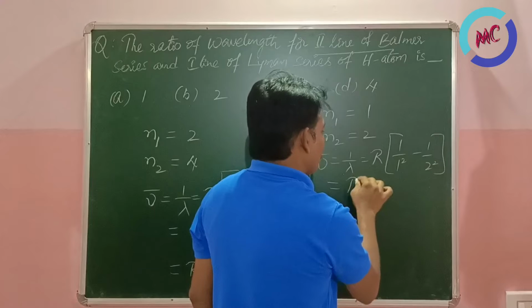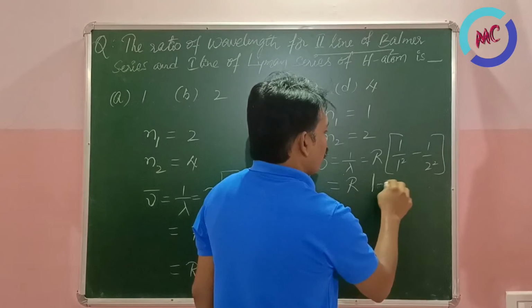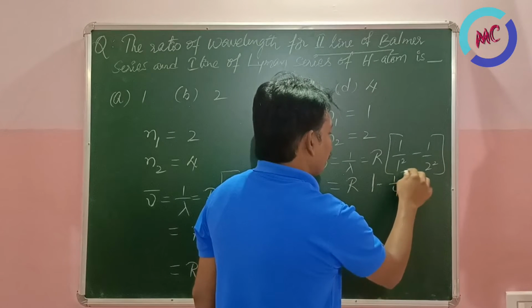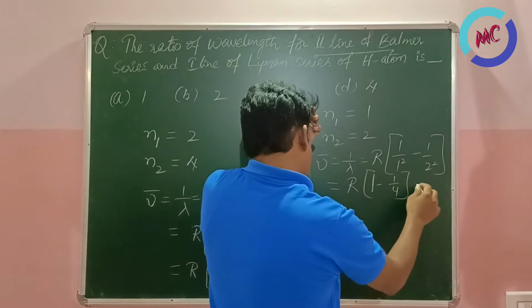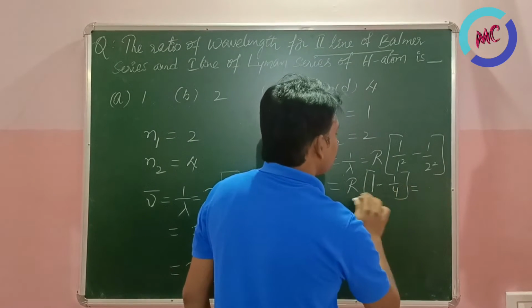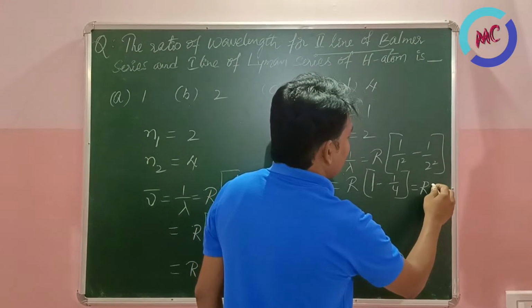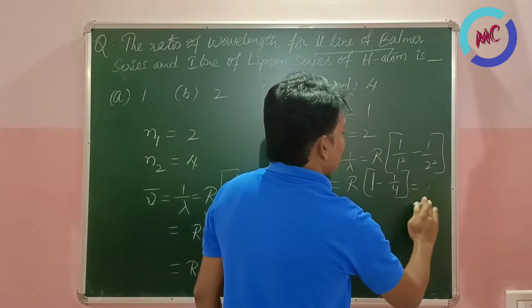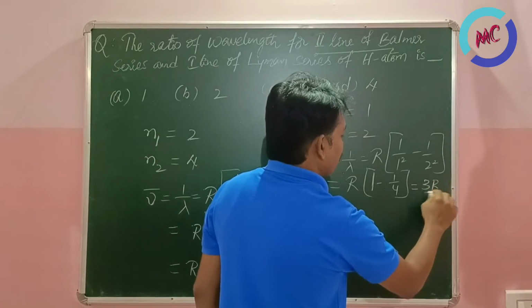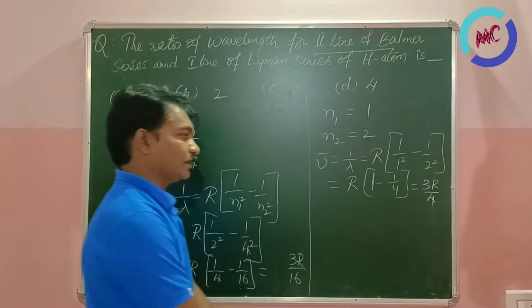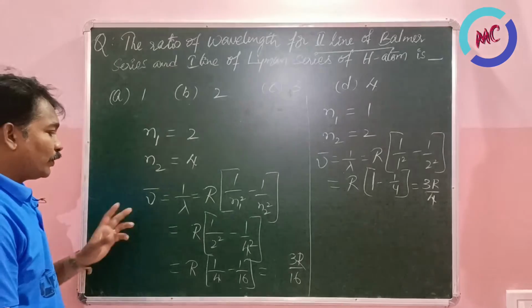That is equal to R (1 minus 1 by 4), in the sense 3 by 4, we can write it as 3R by 4.